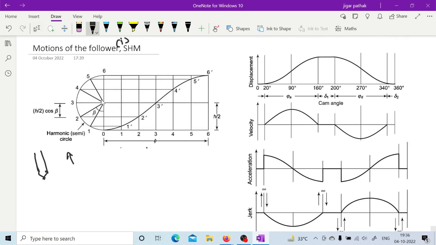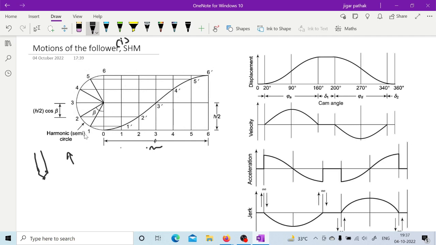Whatever follower travel is given, suppose 40 mm rise, you take 40 mm as the diameter of this half circle, and then you divide the given angle into an equal number of parts, let us say 6. If it is going outwards during 120 degrees of rotation of the cam, you equally divide that 120 degrees, and also divide that particular distance.